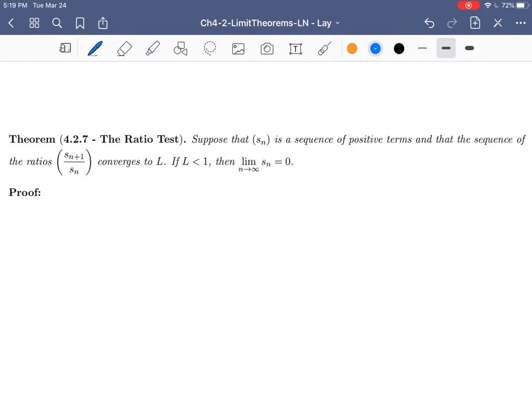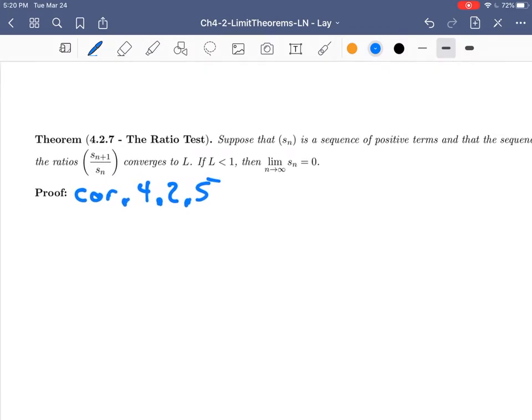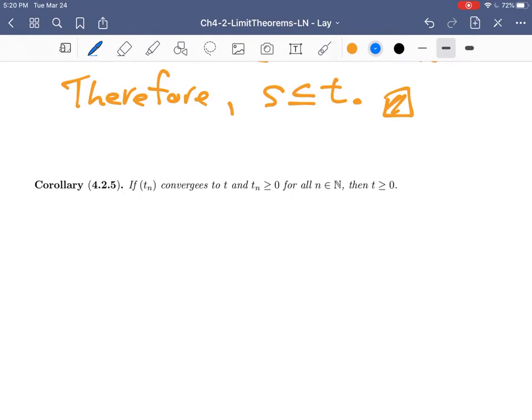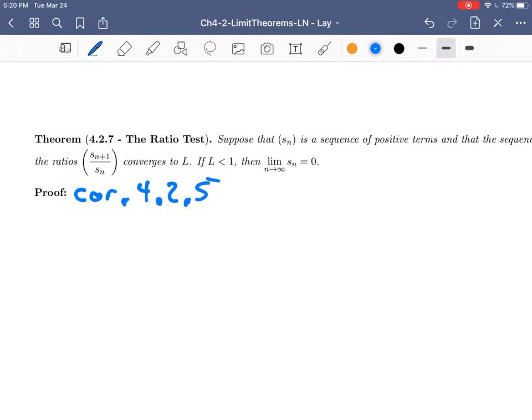Our previous corollary, 4.2.5, that we looked at briefly at the end of the last theorem, said that as long as we have a sequence of positive terms, all greater than or equal to 0, then if it converges, what it converges to is also greater than or equal to 0.